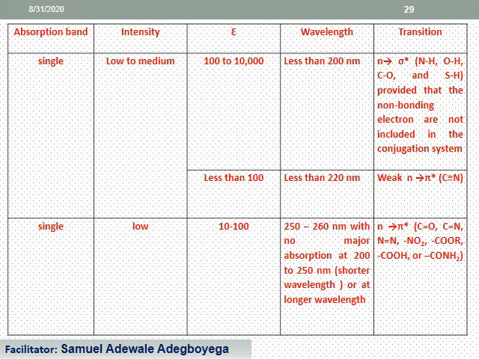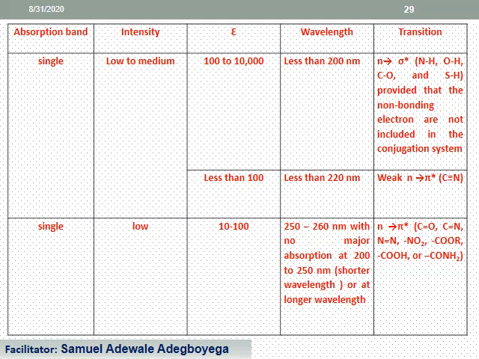So in our case, if the molar absorptivity is less than 100 and the wavelength of absorption is less than 220 nanometer, you could have a weak n to pi star transition, which is possible in nitrile-containing compounds.